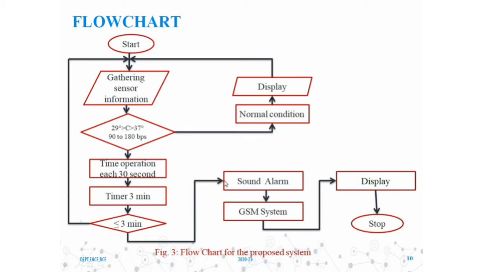That means the buzzer gets activated. Immediately an alert message will be sent to the concerned doctor by the GSM system. The same alert message will be displayed on the LCD.